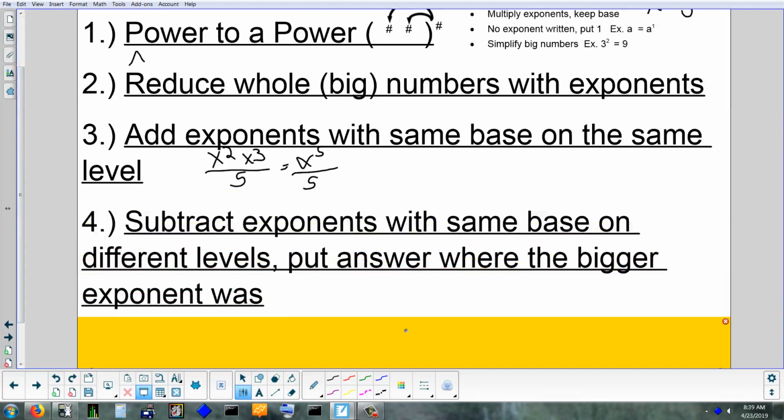So if we had x^2, y^5 over y to the 3rd, I have the same base on different levels: a y on the top and a y on the bottom. I'm dividing those, but I'm actually going to subtract the exponents and put my answer where the bigger exponent was to start. So this step, step 4, is the rule that we talked about today.